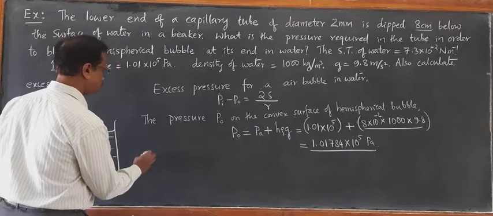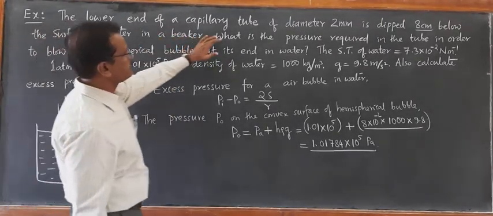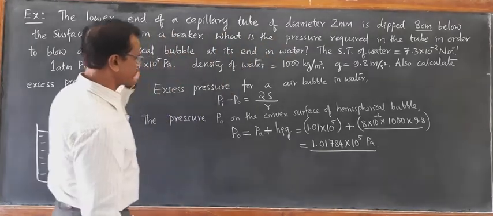So first we will calculate according to the problem. What is the pressure required in the tube to form a hemispherical bubble?